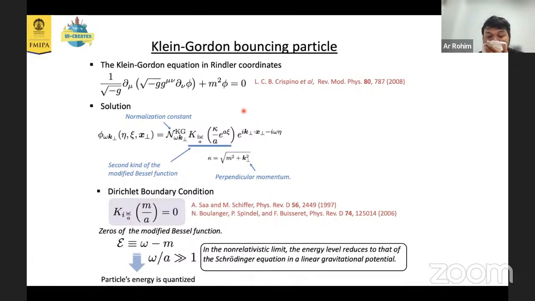But the boundary condition is simpler, similar to the Schrodinger equation ones, because the Klein-Gordon and Schrodinger equations are second order differential equations. So basically, there is no problem if you impose the Dirichlet boundary condition of vanishing wave functions around the boundary surface.